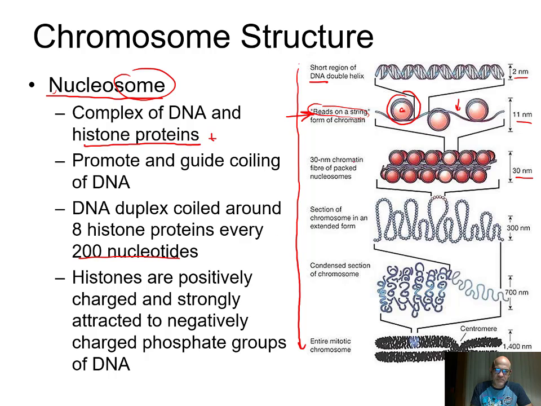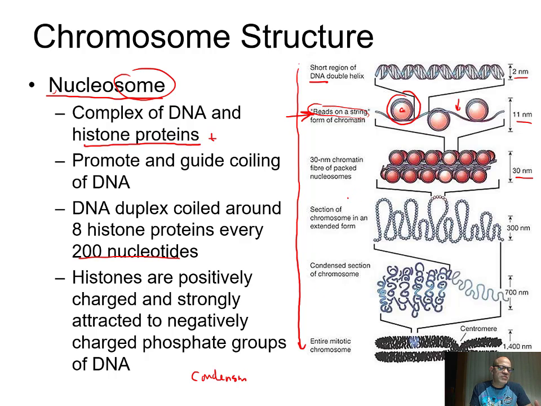And so after that, you start to get other proteins that are going to help organize this further. You're going to start getting into proteins, not the histones, but other proteins called condensins. And those are going to help organize that DNA.